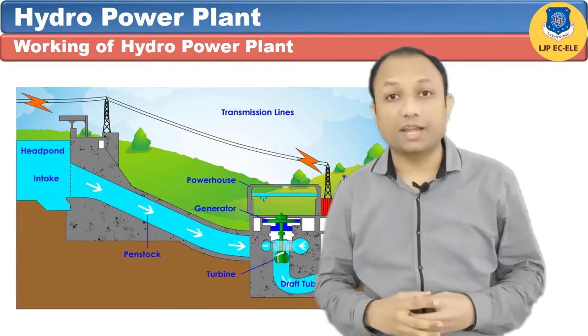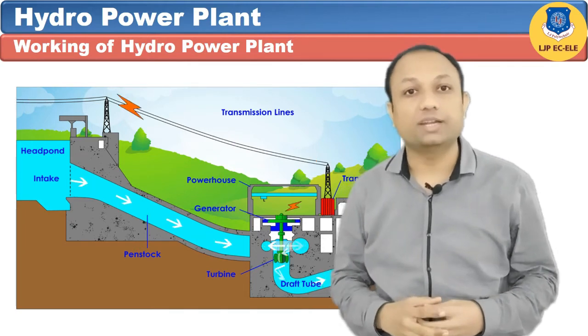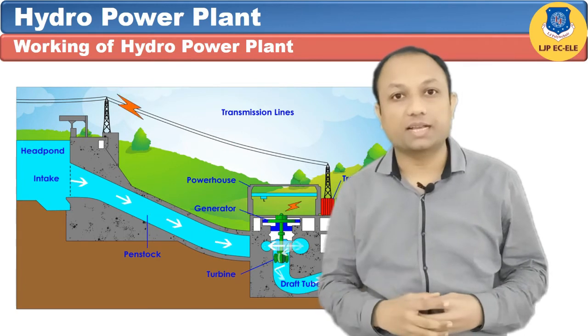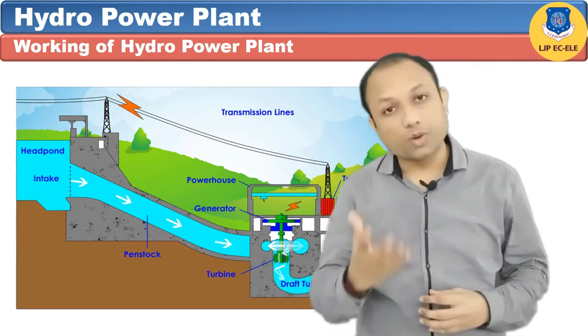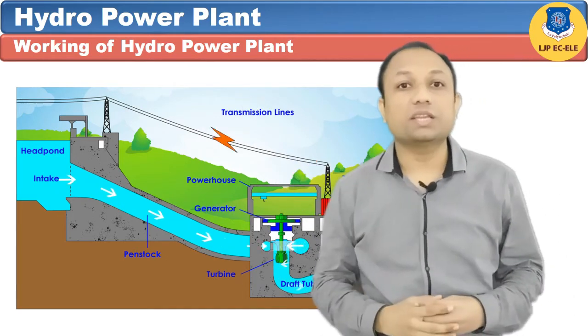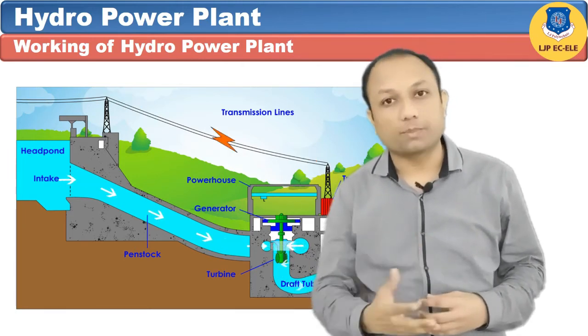To achieve a head difference of water, hydropower plants are generally constructed in hilly areas. In the way of the river in hilly areas, an artificial dam is constructed to create the required water head. From this dam, the water is allowed to fall toward the downstream in a controlled way onto the turbine blades.